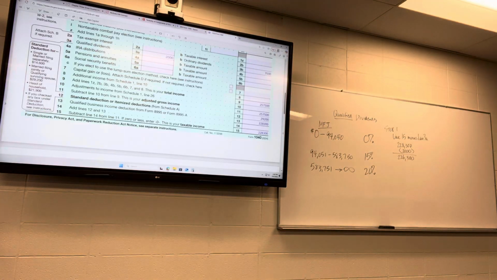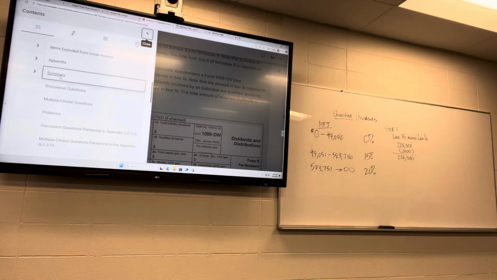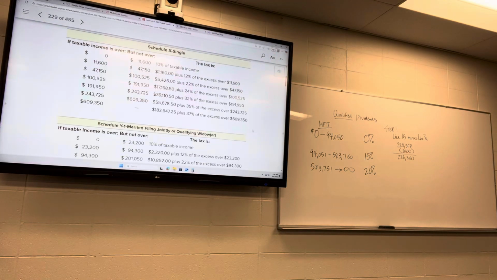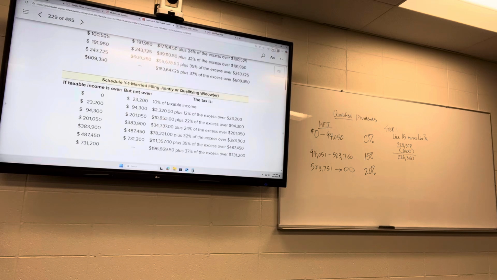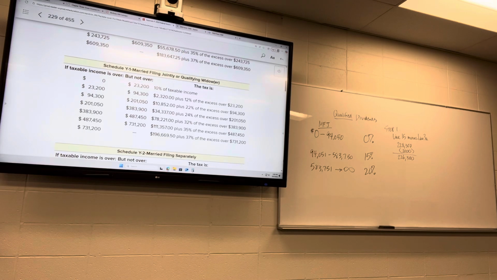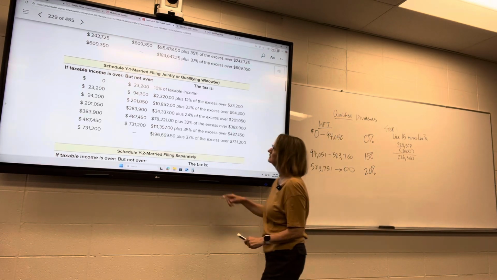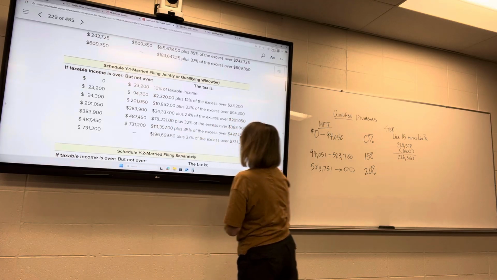Now we're going to need to go to not our tables, because that's over $100,000, but our schedules, and do our calculation. Use this schedule, single, married filing jointly. You all know how to do this. We're going to take the $226,300 and apply, so they're at 24%.